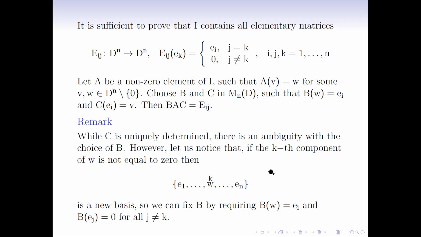B is not, but however, w is a non-zero element, so it has n components in the decomposition with respect to e_i, and at least one of the components, say on the k-th position, is not 0. Then in the basis e_1 to e_n, we can replace the vector e_k with w and we have a new basis. And now we require that B is fixed by the condition Bw equals e_i, otherwise it's 0. And then it's uniquely defined.